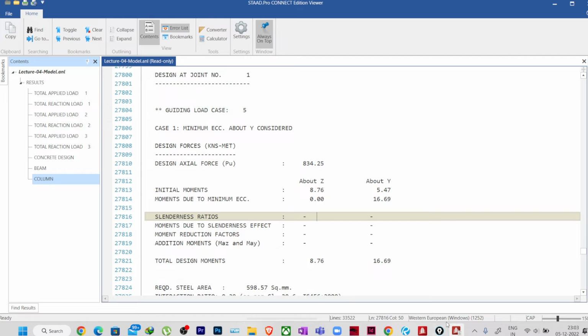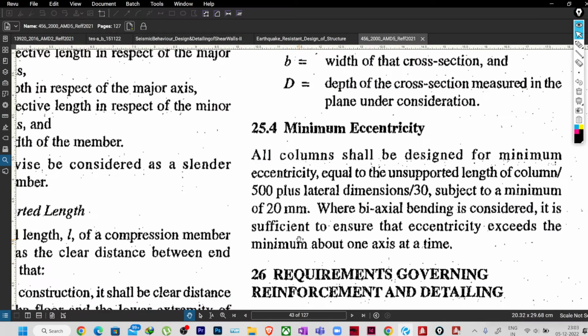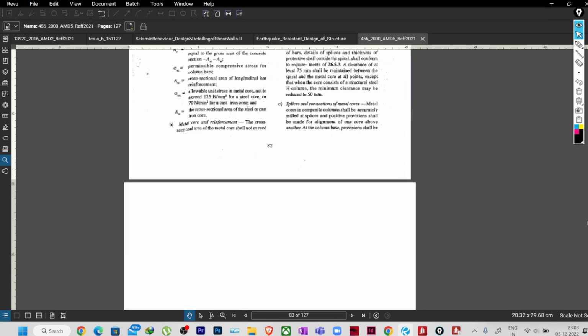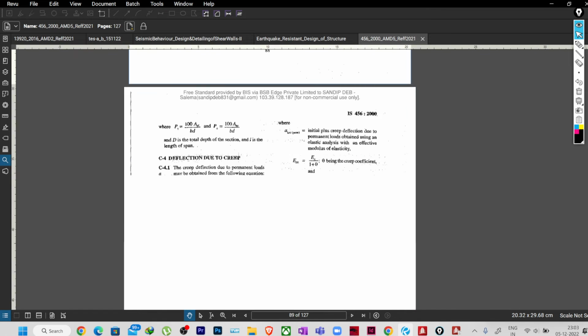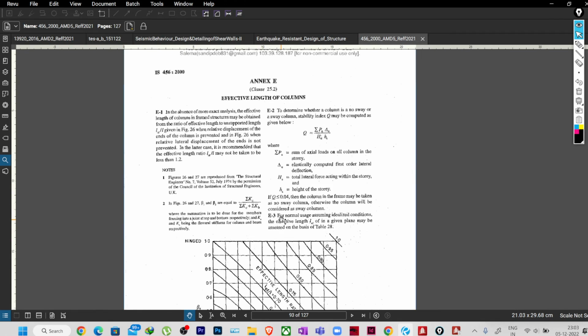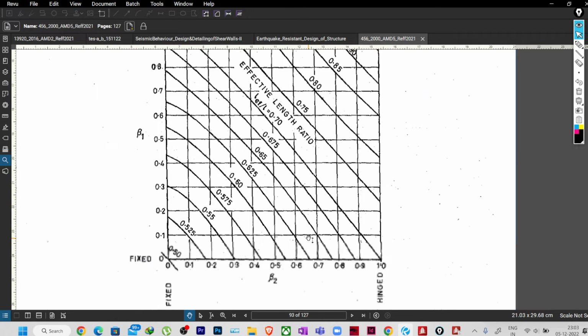So if you see the code, let me just minimize this. If you just see the code, and if I take you to the NX E, most probably, yes, here. As we are designing the structure for dead load and live load, gravity loads, we are considering the structure has no sway.